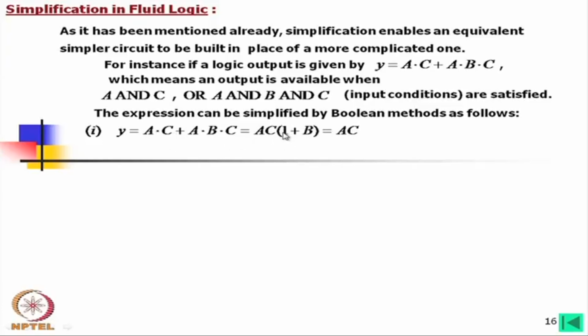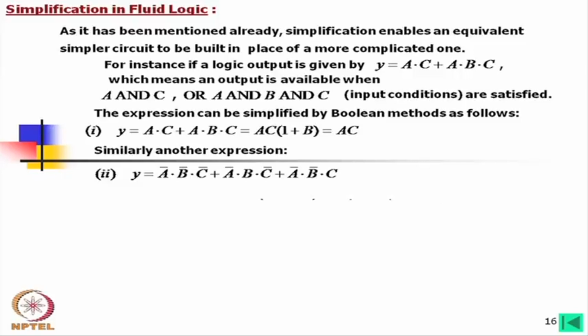So, this becomes 1 plus B. Now, 1 plus B is an OR in Boolean algebra, and as there is 1, that means there is always a positive output. Then B, whatever it may be, whether it is 0 or 1, it will always be 1. So, this means that this expression in Boolean algebra can be simplified to AC.